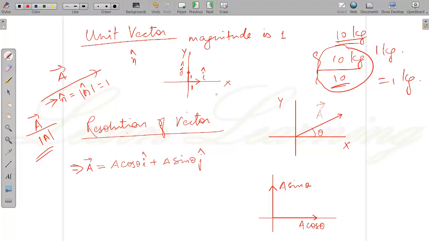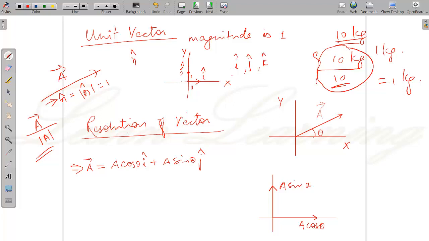Now, what are the unit vectors along the x-axis and y-axis represented as? We represent the unit vector along the x-axis as i cap, the unit vector along the y-axis as j cap, and the unit vector along the z-axis as k cap. So there are i cap, j cap, and k cap.